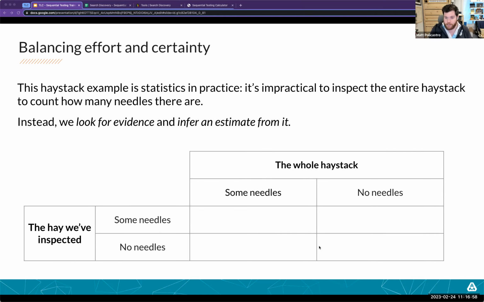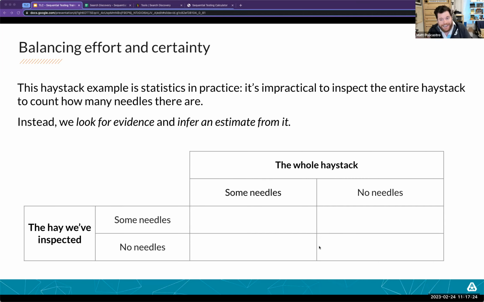There's the first perspective, which is the hay that we've inspected so far. We are looking for needles in the handfuls that we're pulling out of the hay bale. That is one way that we can look at reality. Another slice or another perspective on reality is going to be the whole haystack. We could spend the time to look through the entire thing and arrive at a very conclusive version of reality, or a conclusive evaluation of what reality is.